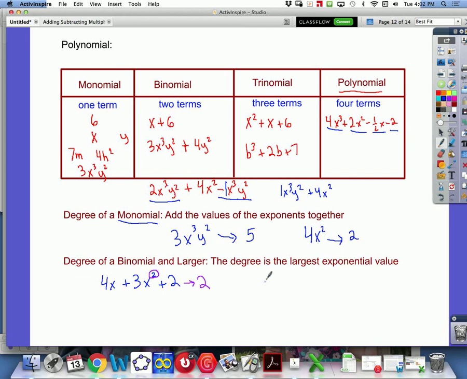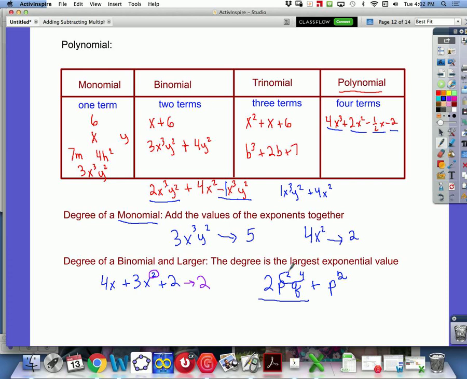If they try and make it really hard, they may give you something like 2p squared q to the 4th plus p squared. In this case, we can't just look at the numbers because this is a monomial.